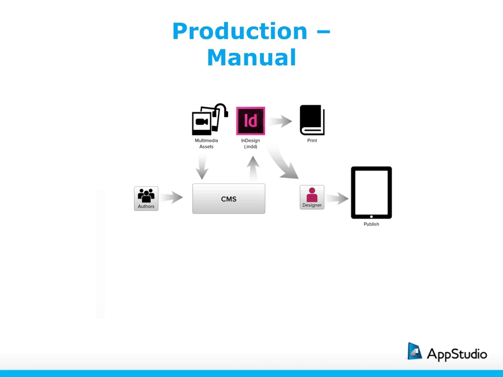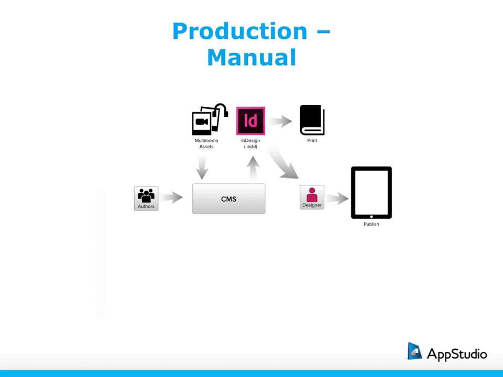So from a manual production point of view, again, looking at our very basic flow of how your journal may be put together, authors are contributing content to the content management system. Assets are also put in there. That goes out to InDesign, for example, and then your print journal is laid out, and then it's sent to print.